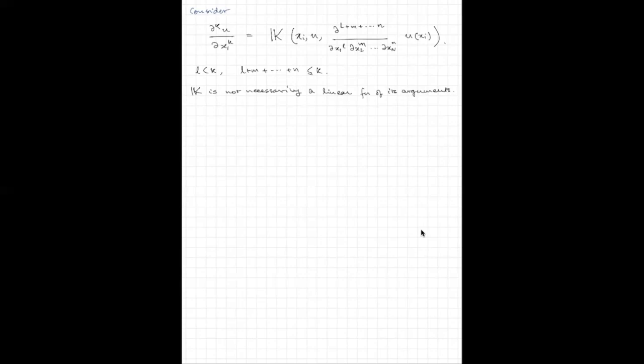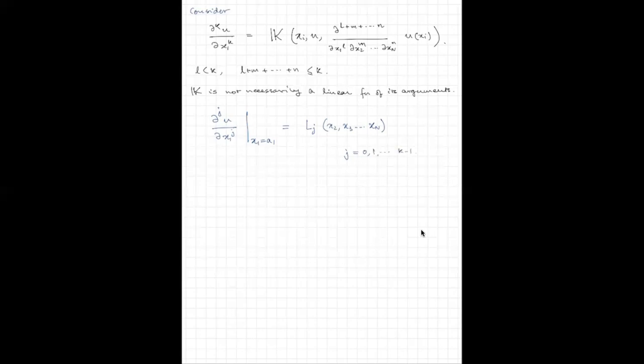So let's write down this equation: del^j u/del x1^j at x1 equal to a1 is equal to some function L_j of x2, x3, up to xn. Here j is going to be 0, 1, up to k minus 1.